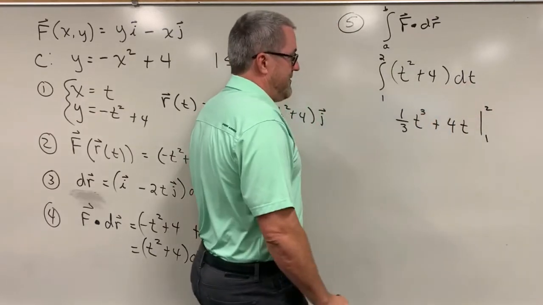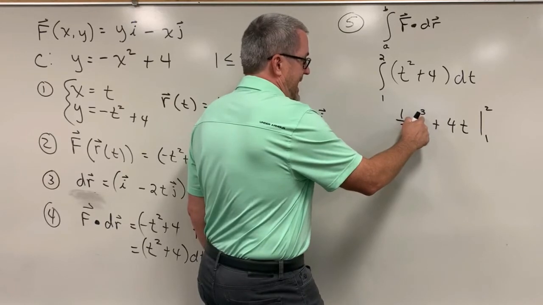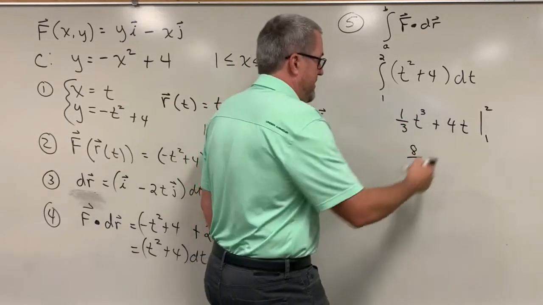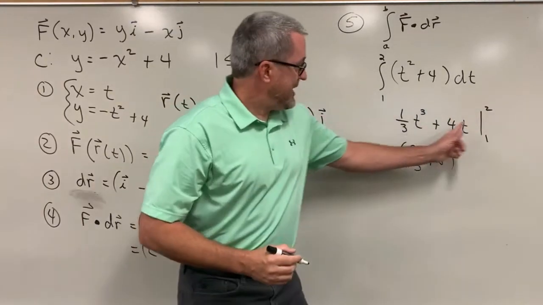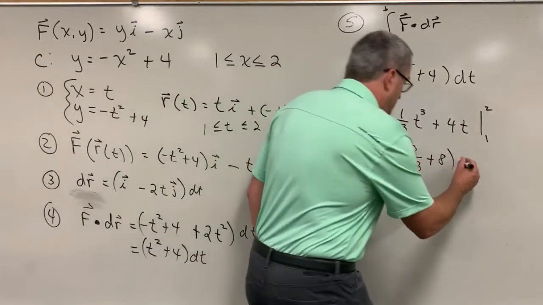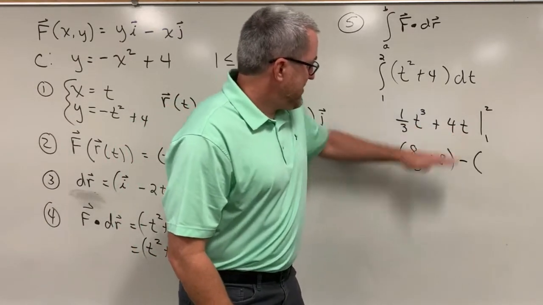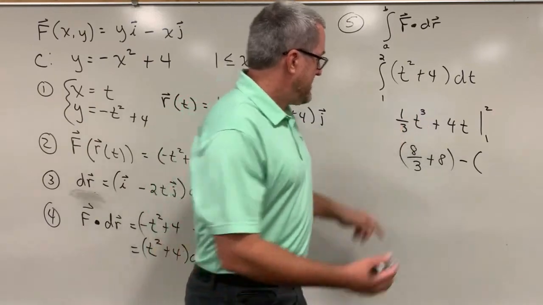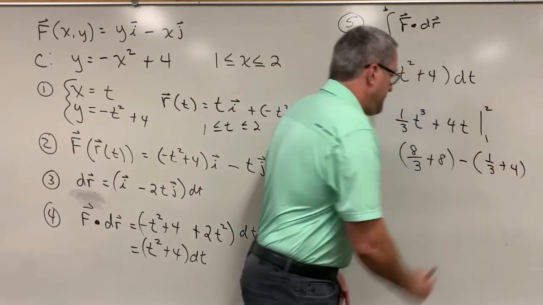Start by evaluating at 2. Let's see, 2 cubed is 8. A third times 8 would be 8/3. 4 times 2 is 8. So evaluating this antiderivative at 2, we'll get 8/3 plus 8 minus, fundamental theorem of calculus, we subtract the value of this antiderivative at 1. 1 cubed is 1 times a third is a third. 4 times 1 is 4.